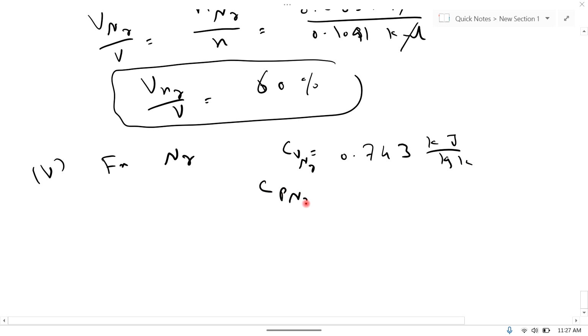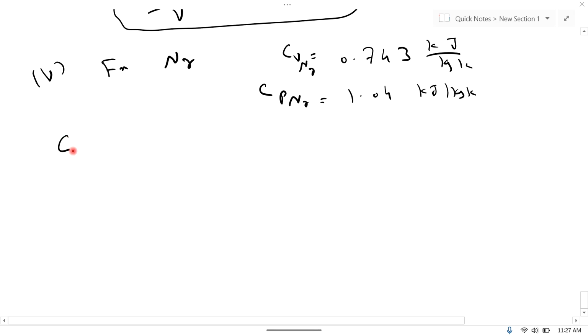Cp of nitrogen is 1.04 kilojoule per kilogram per Kelvin, and Cp of oxygen is already written at the start in the constant values. So the formula for Cp of the mixture is equal to the summation of mole fraction multiplied by Cpi, where Cpi means Cp of the constituents, which are nitrogen and oxygen.